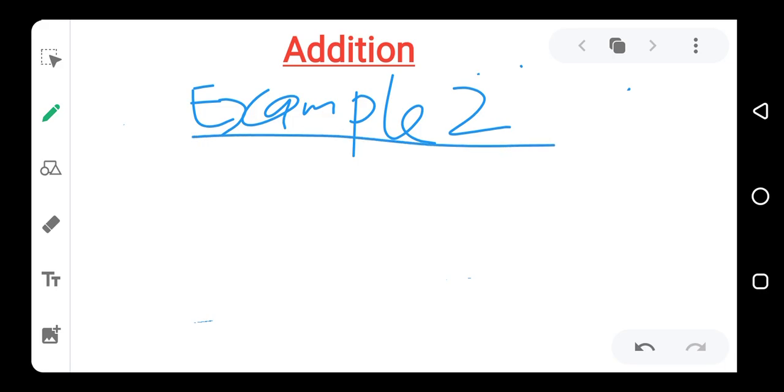Now example 2, let's add 10 and 5. Let's start with 10 and 5. Now 10 and 5, how are we going to add this one? We write our hundreds, tens and units. We write H for 100, T for 10, and U for units.